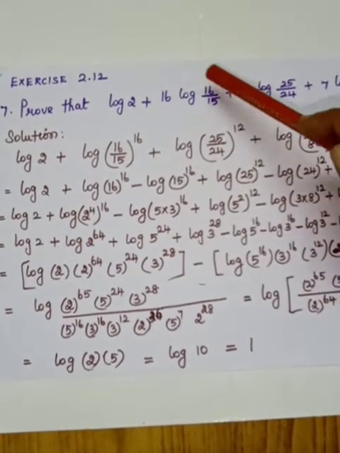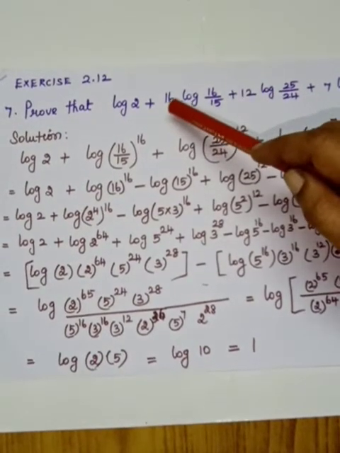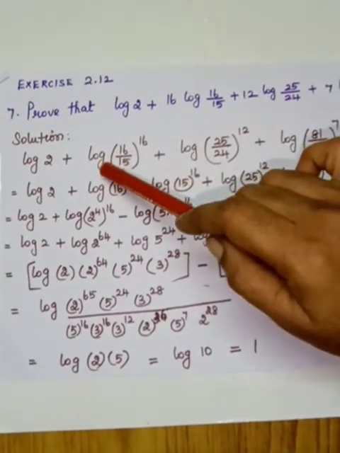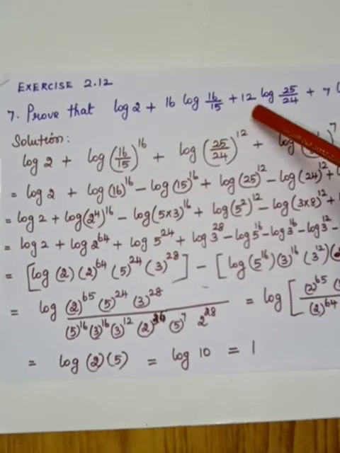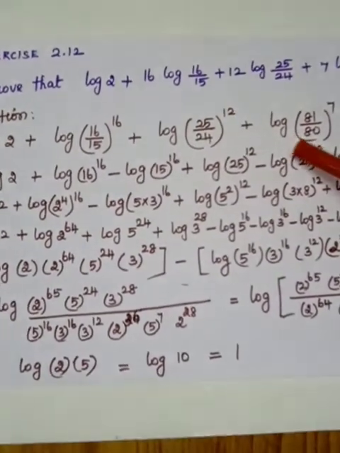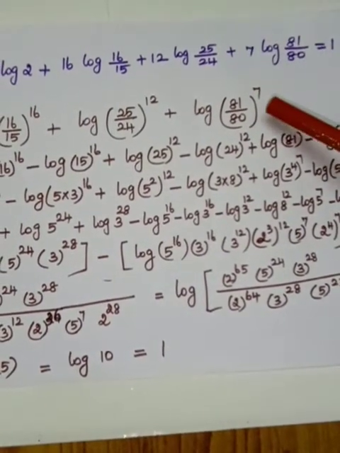If we have a power in the logarithm, using the power rule we can bring it down. Here I have written in the reverse order: log of 16 by 15 the whole power 16. This also can be written as log of 25 by 24 the whole power 12 plus log of 81 by 80 the whole power 7.